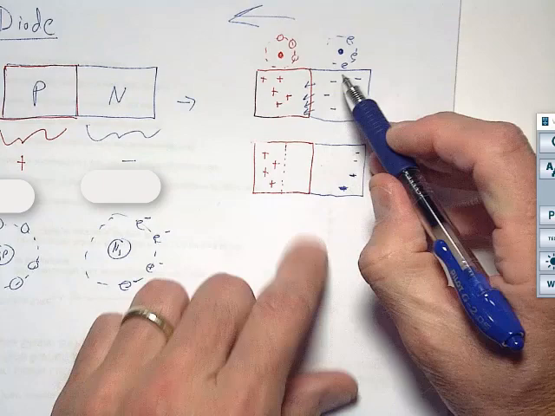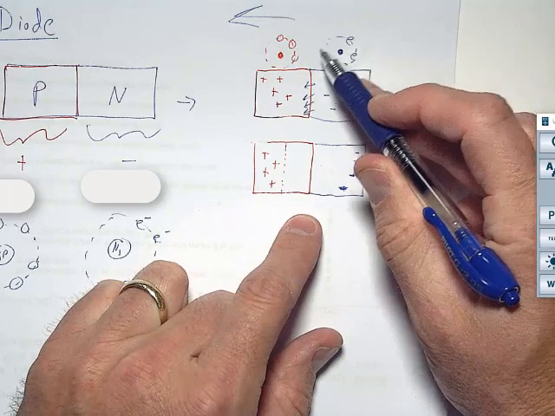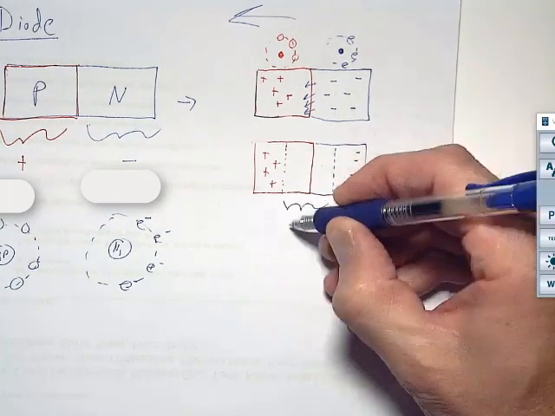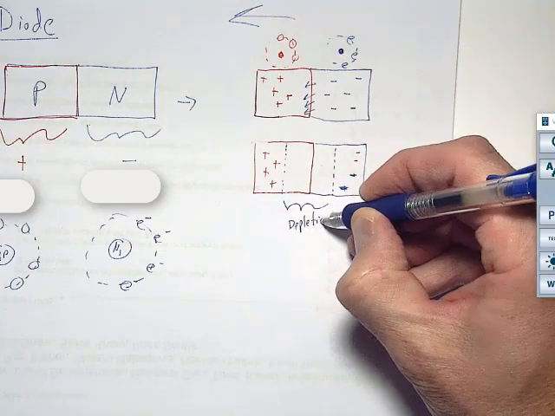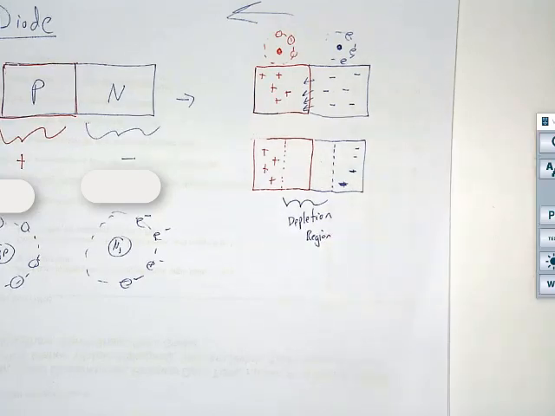You're allowing the electron to migrate through the junction. As these extra electrons cruise over the junction, you're left with an atom that has an equal number of electrons and protons, so it doesn't have any charge anymore. Now you have a region which doesn't have any charge. This is what we call depleted of charge. So this is the depletion region. And this naturally happens whenever you put a p and an n type material together.